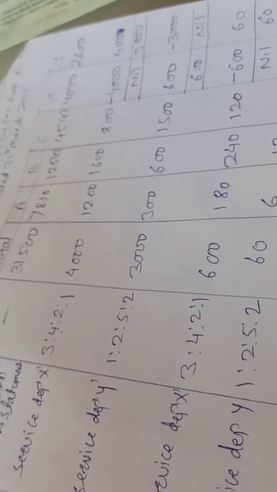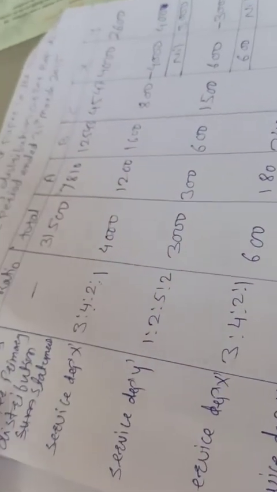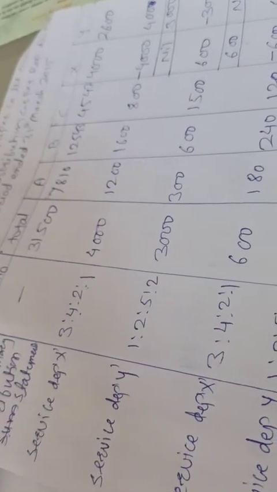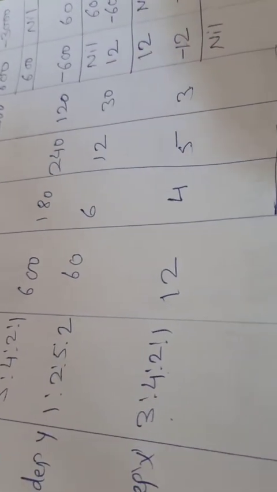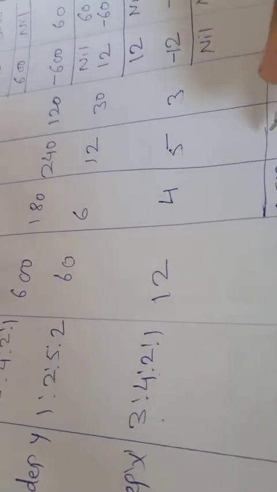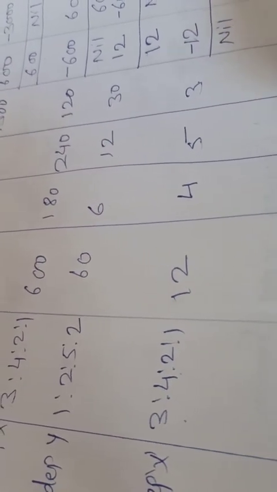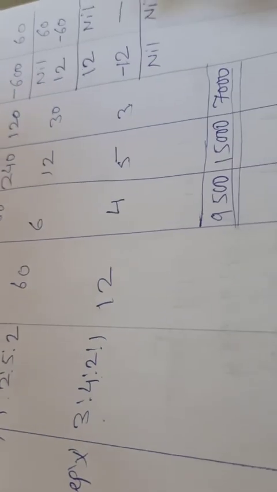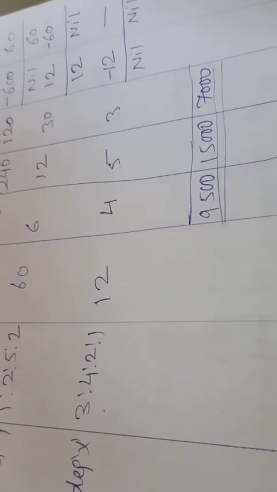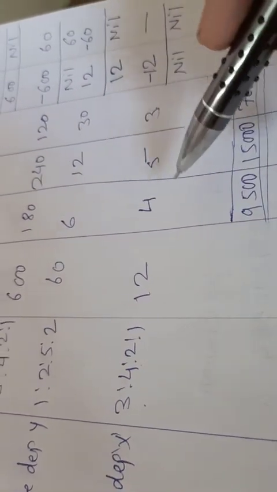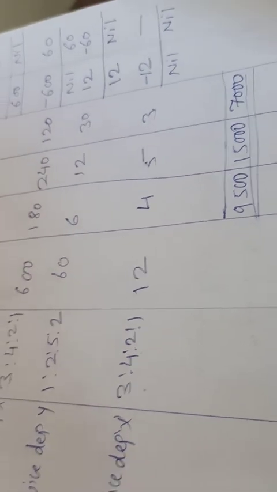Now we just make the total of these three columns. The total of department A is 9,500, of department B is 15,000, and of C it is 7,000. Simple. At the end, where do we stop? Wherever it starts coming in points, round it off and finish. Okay, thank you.